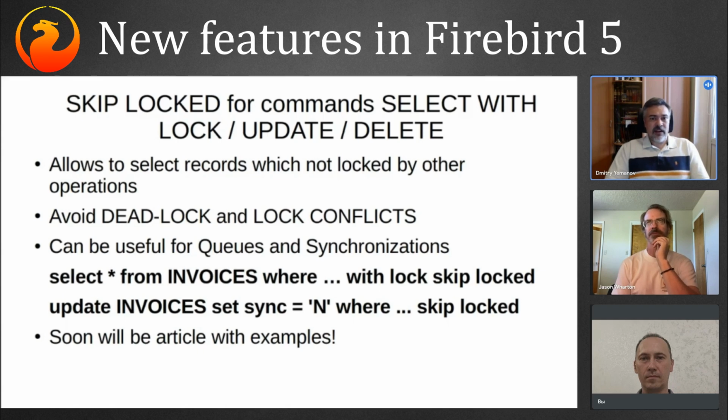And it allows you to implement multi-threaded queue processing without lock conflicts at all, which is currently either impossible or requires quite complex logic to implement. So now this feature opens the gates for efficient parallel queue processing.